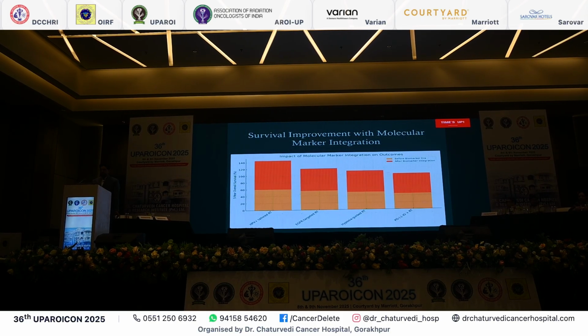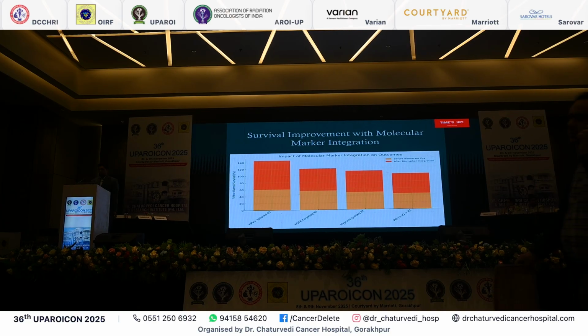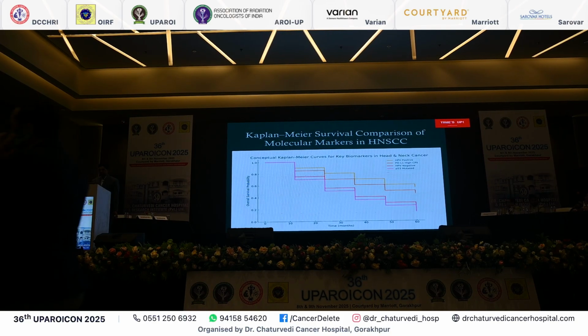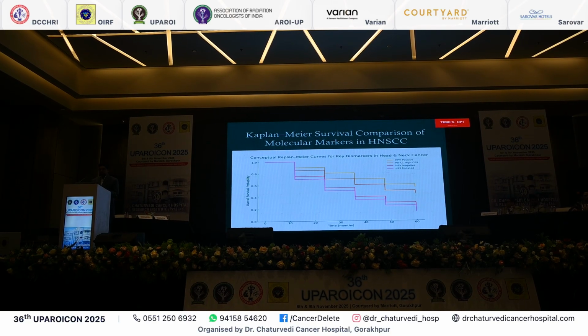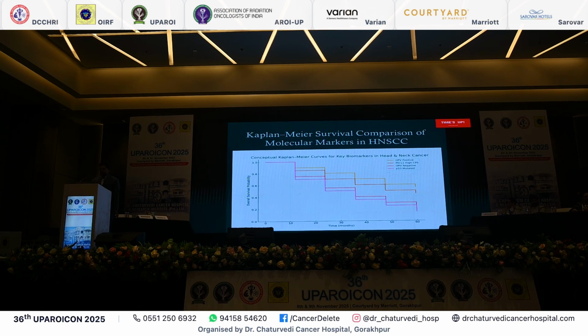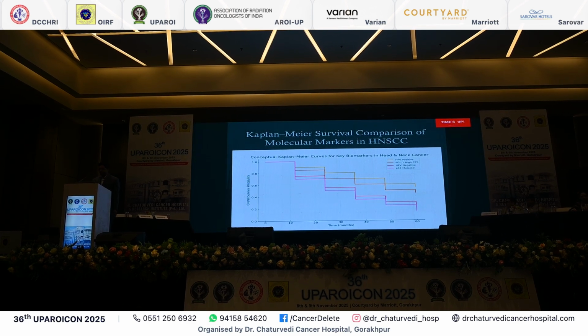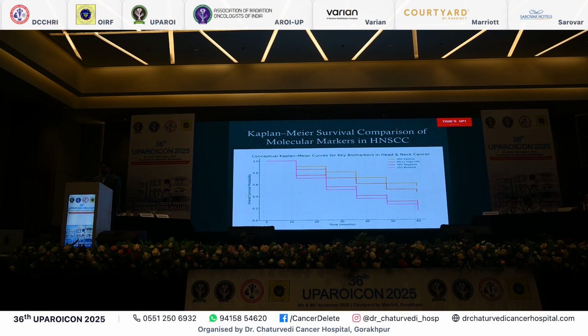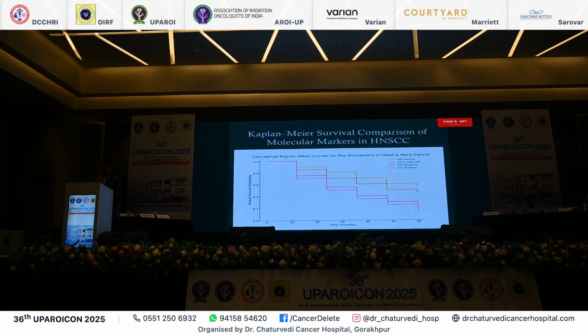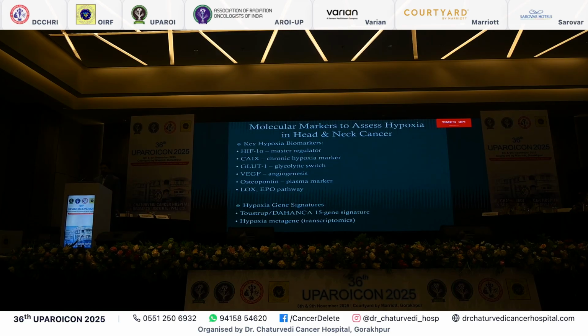Here is the survival improvement with the incorporation of the molecular biomarkers, and here is the prognosis of various biomarkers. We can see best prognosis in HPV positive patients and PDL1, and worst prognosis with P53 mutations.